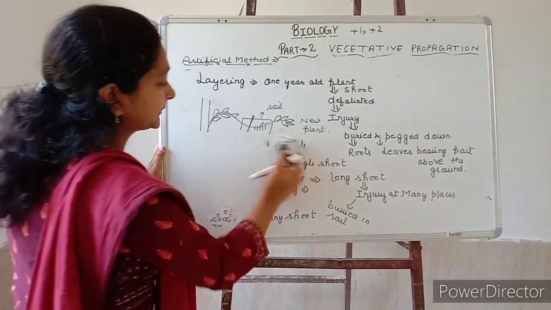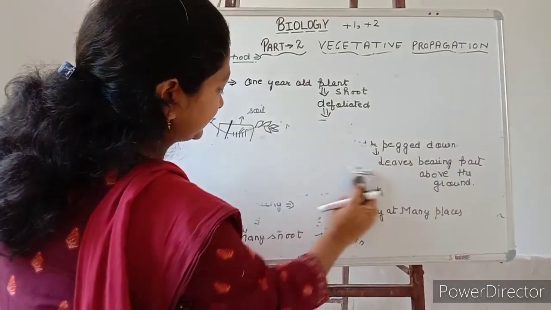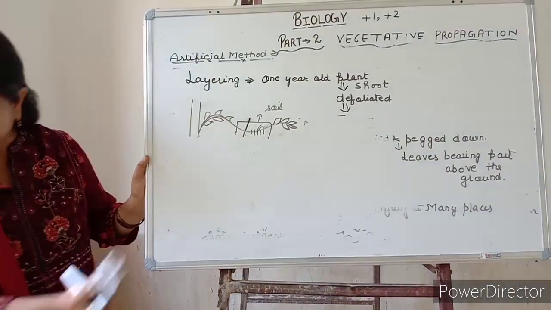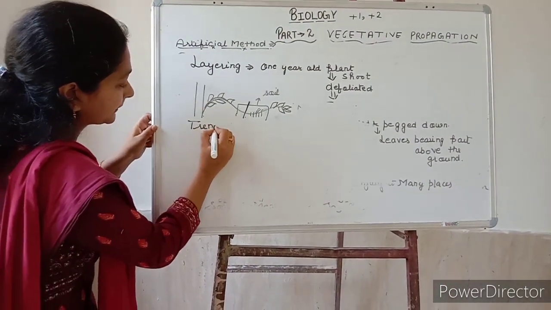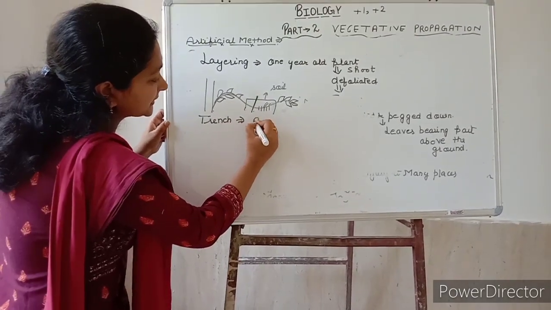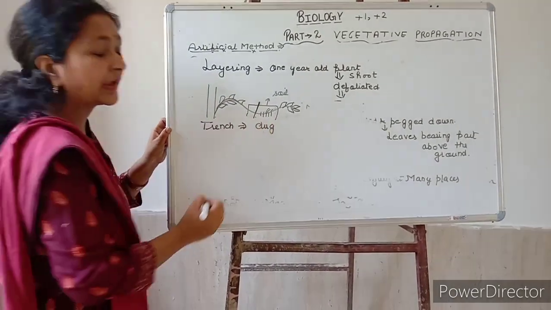Fourth type is trench layering. In trench layering, a horizontal trench is dug along the plant.